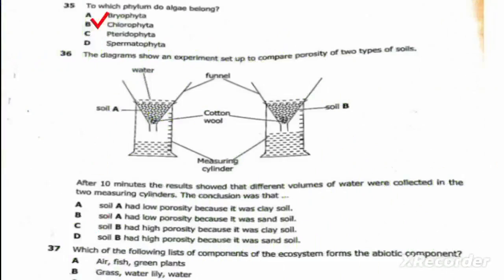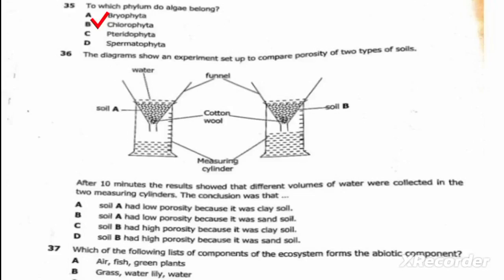We shift to the next question, which is question 36. The diagram shows an experiment set up to compare porosity of two types of soil. After 10 minutes, the results showed that different volumes of water were collected in the two measuring cylinders.